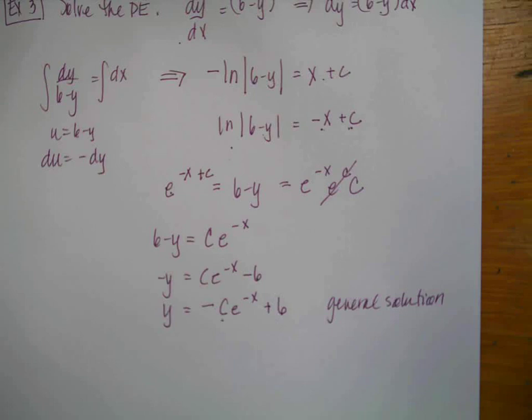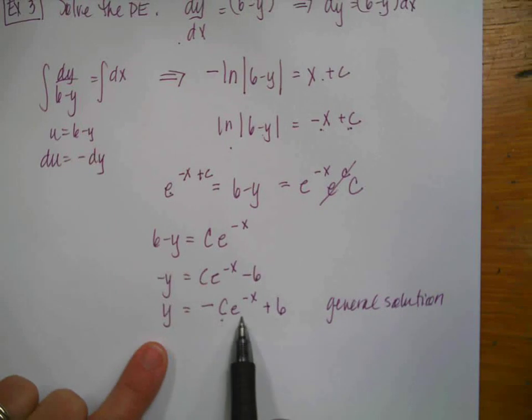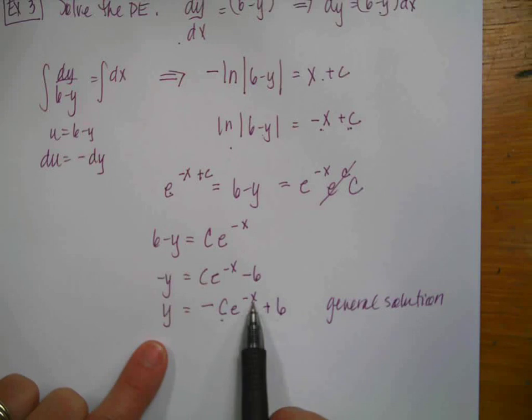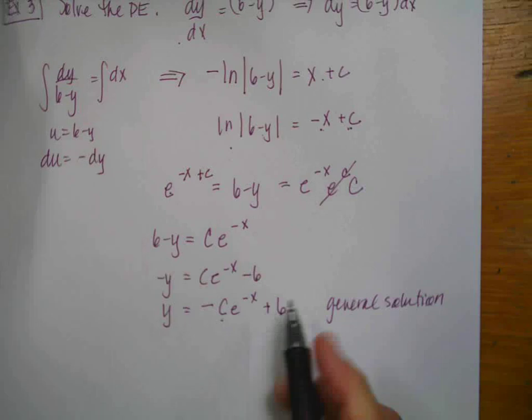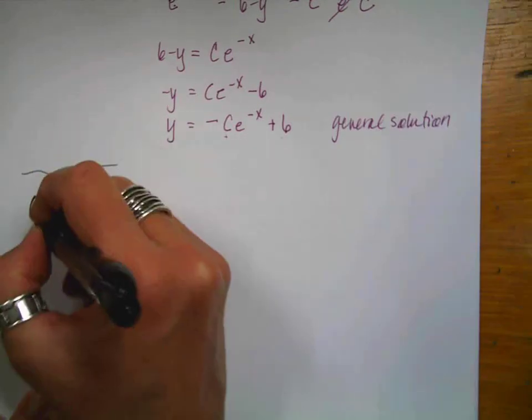And again, to solve for c, they would have to give me an initial condition that allows me to solve for c. Another thing to notice about this equation, this is an exponential growth or decay because I have e raised to the x. Okay, and so now what we're going to talk about are our growth and decay models.